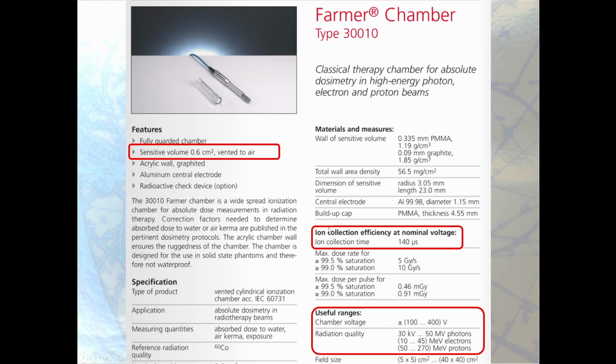And ions will be created in the sensitive volume of the chamber, and it has a collection time. You need a reference radiation because this detector is used for absolute dosimetry, so it will give you a number you can rely on. And this reference radiation is cobalt-60, a very well known radioactive element.